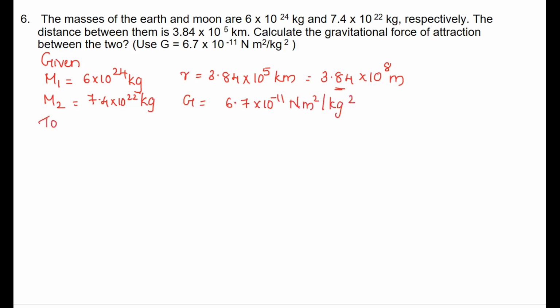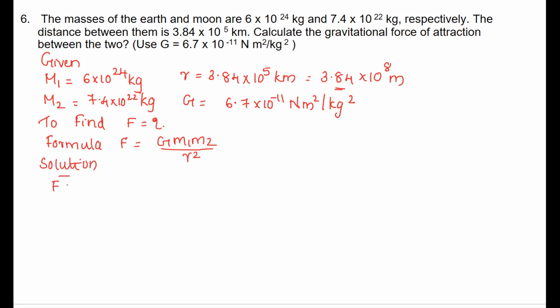We want to find gravitational force of attraction. That means to find F. We know that the formula for F is universal gravitational force, F is equal to G m1 m2 upon r square. On substituting the values in the equation, we will get the solution.